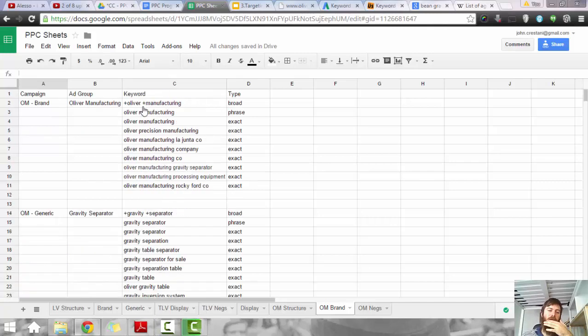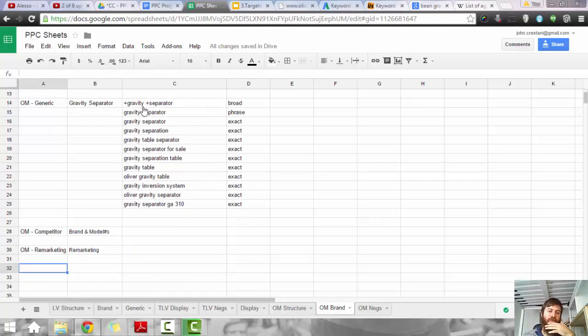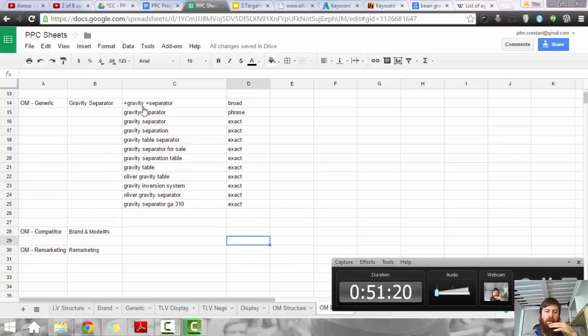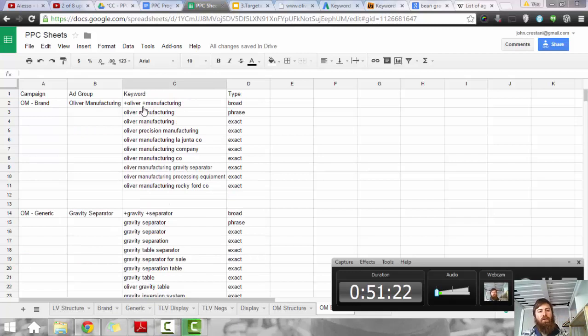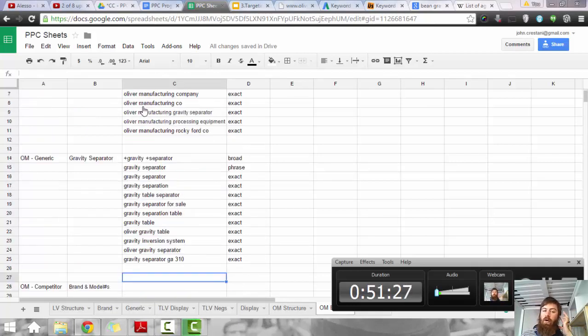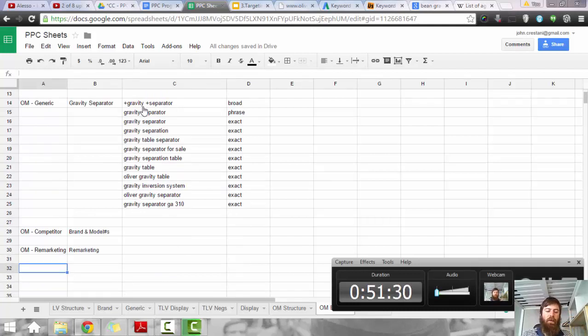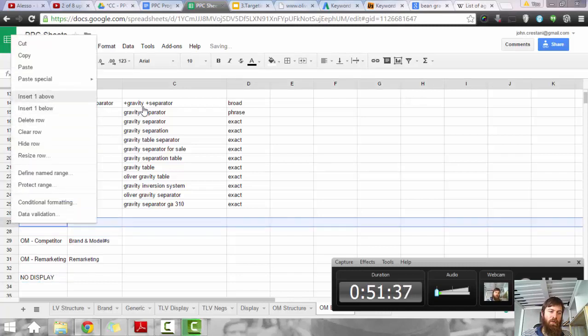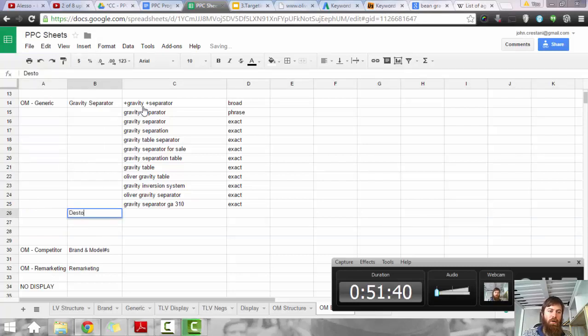So I hope that's been helpful, and I hope that's explained all of this for Oliver Manufacturing, and how you would go about the keyword and advertising setup. I'll just say no display, and just to drive home the other ad groups that I would create here, I would do destoner, fluidized bed dryer, and color sorter.